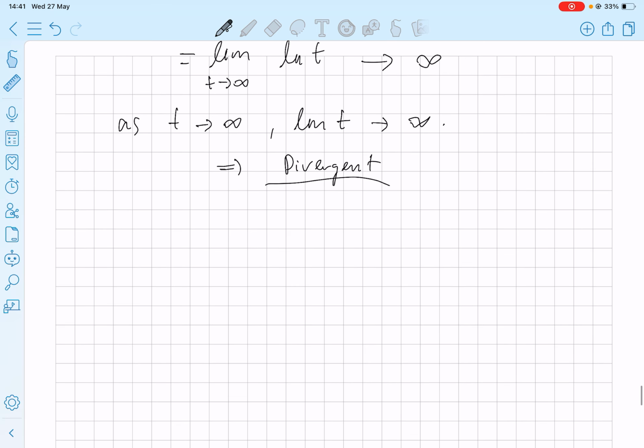Now moving on to another example. Example number 2: evaluate the integral from negative infinity to 0 of x e to the power of x dx, if possible. We do the same thing.